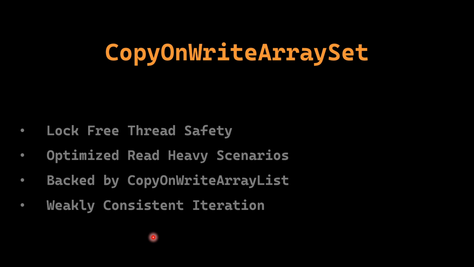When you create an iterator, it captures a snapshot of the array at that moment. Even if other threads modify the set during iteration, your iterator continues to work with its snapshot. This means iterations never throw ConcurrentModificationException and require no external synchronization.